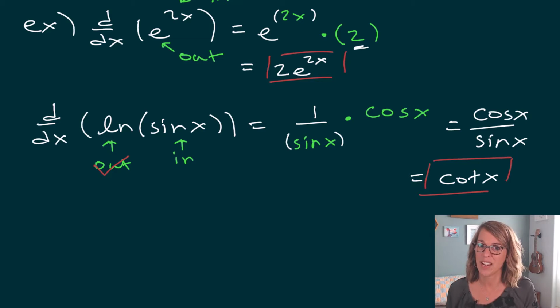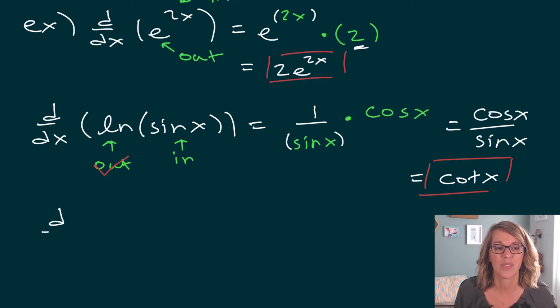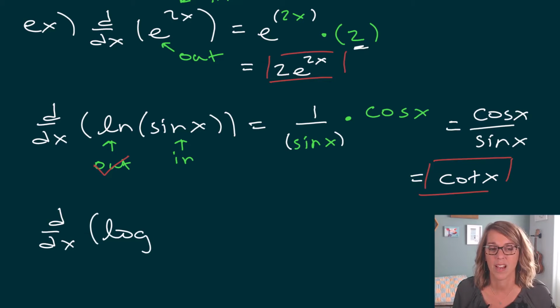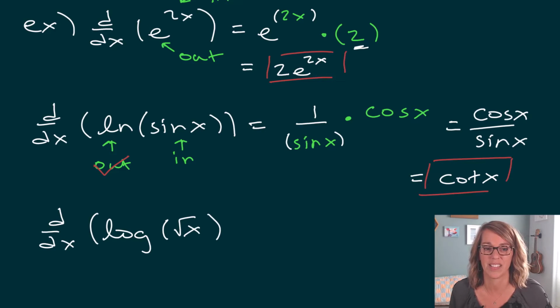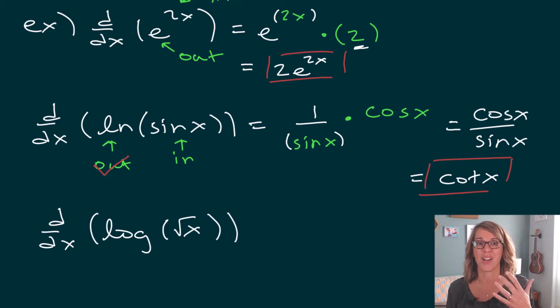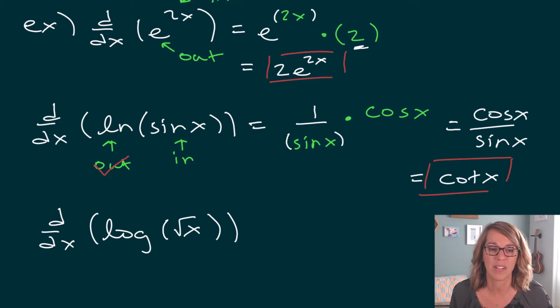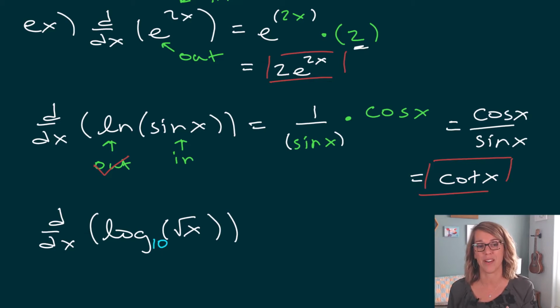What does that look like when I have a log of a different base? Next, let's do the derivative of log of the square root of x. Okay, so now I'm applying a couple of different properties here. I've got the derivative of log, but I'm going to think of that as log base 10. It's my common logarithm.